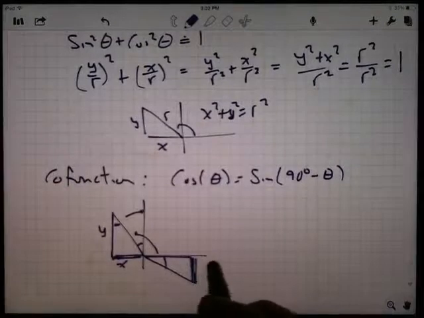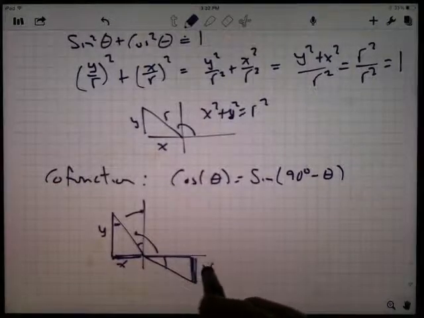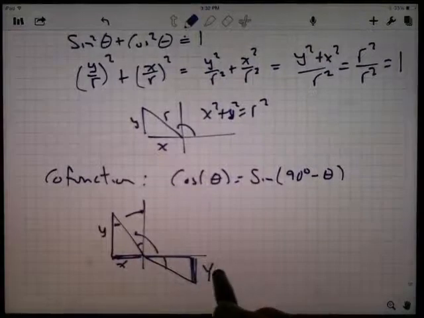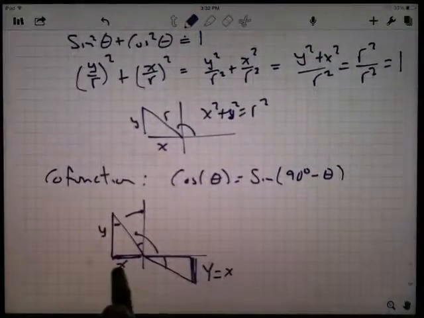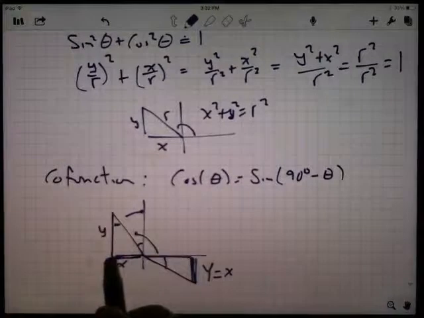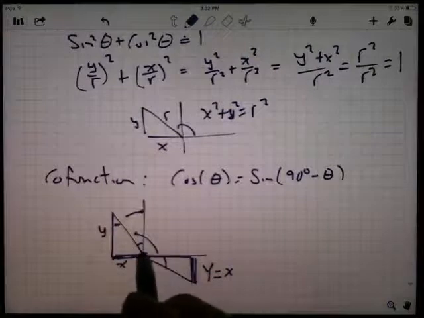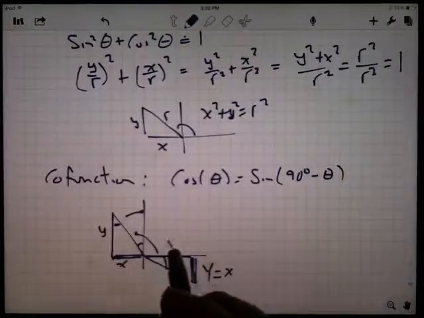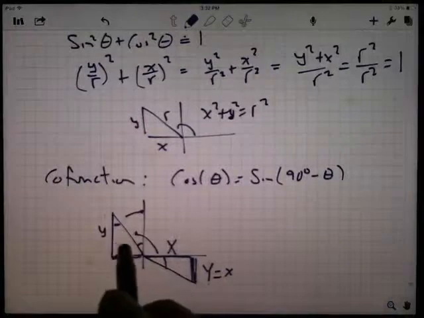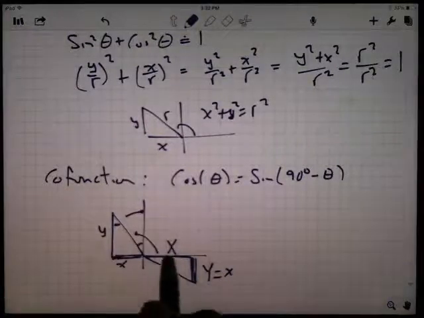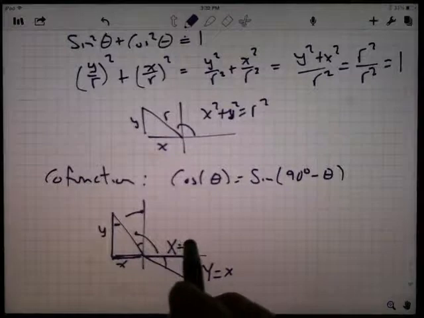So the y coordinate, let's call this, just for the sake of argument, capital Y. It's going to equal that little x right there, although where this is negative, that's also negative. And this side right here, which I'm going to call capital X, because this triangle is the same as that one, it's this little y.